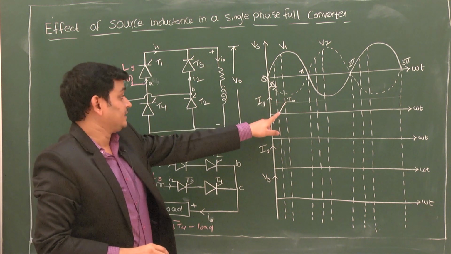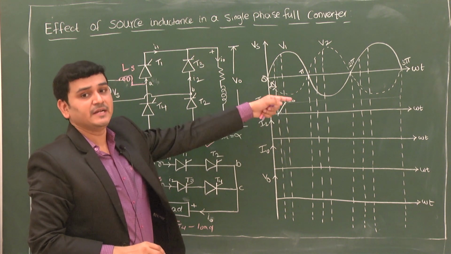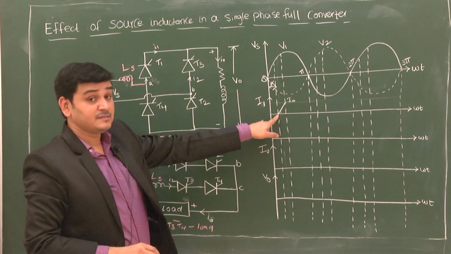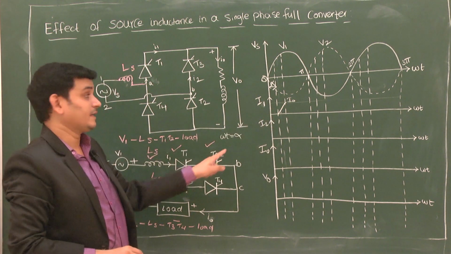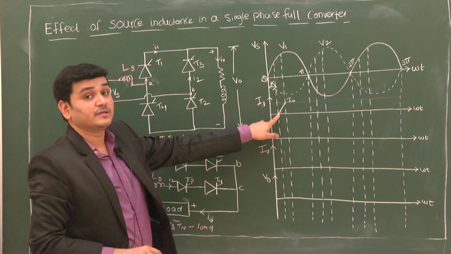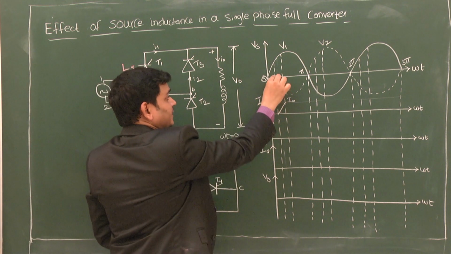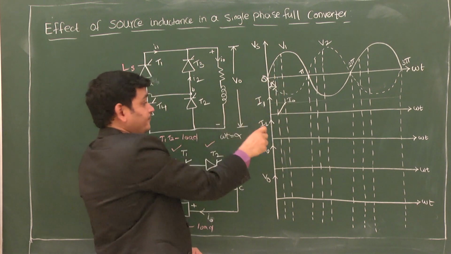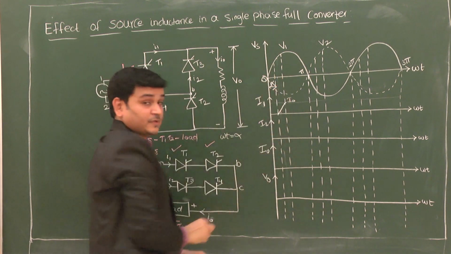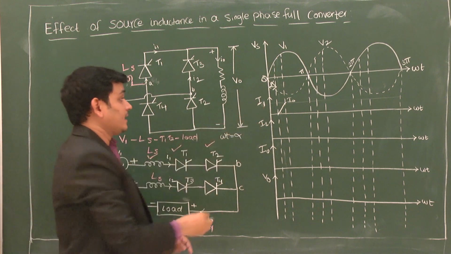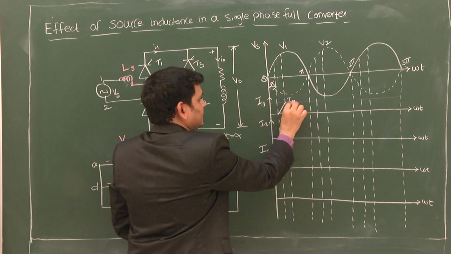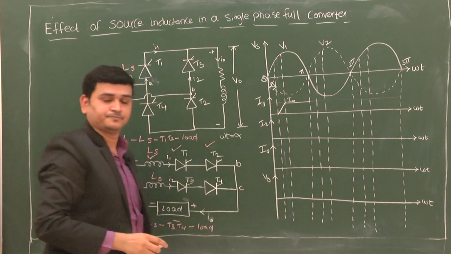That means it doesn't increase immediately because of the presence of inductance. When T1 and T2 start conducting, the current gradually increases from 0 to I0. Actually, this is omega t equal to alpha, so this duration is alpha. This is how the current rises, and then it will reach I0.